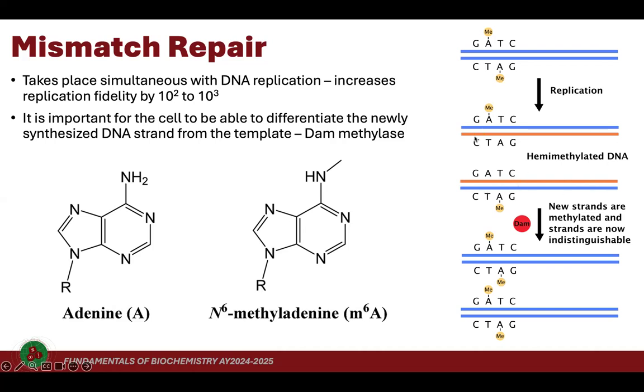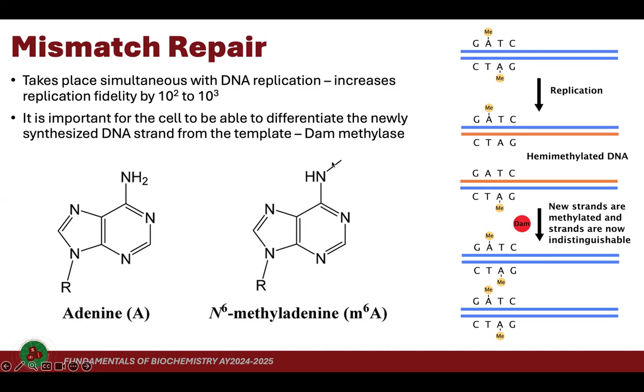However, if the replication is complete, after some time your DAM, or DNA adenine methylase enzyme, will now methylate the daughter strand as well, the newly synthesized strand. So if no correction has been made prior to this methylation reaction, then the mismatch is retained in the new copy of DNA.